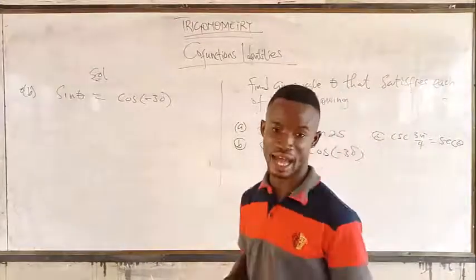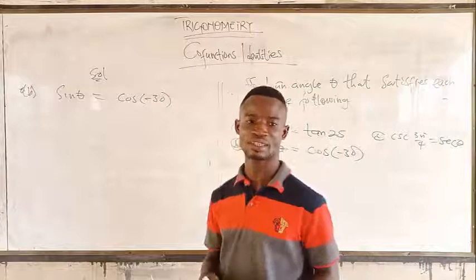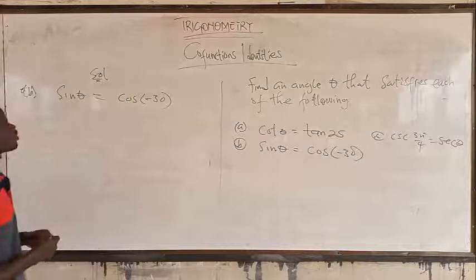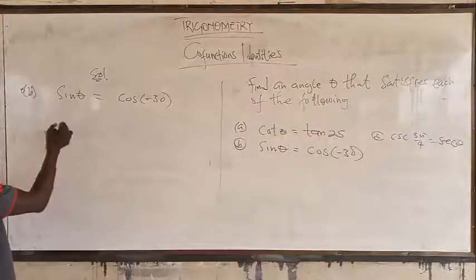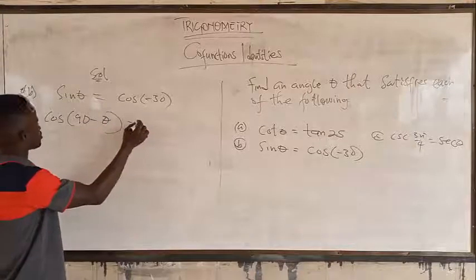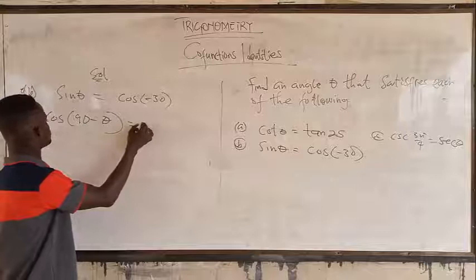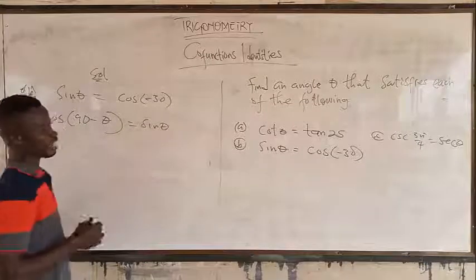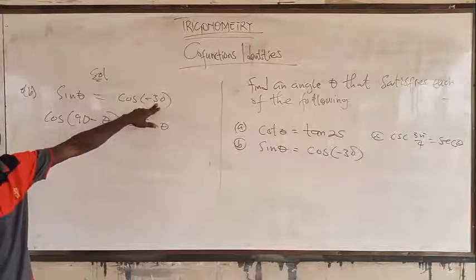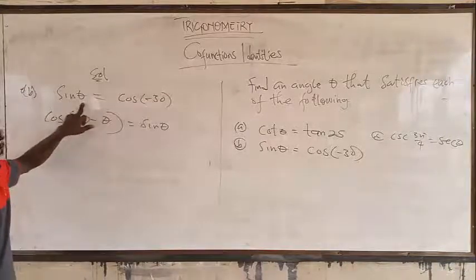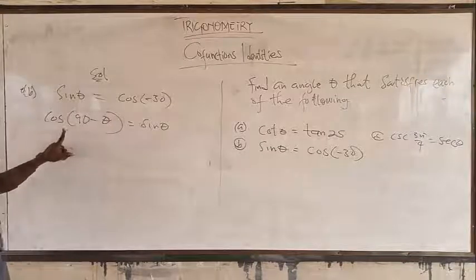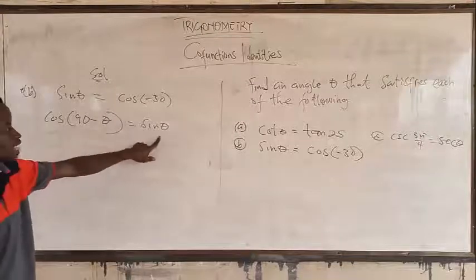And the first one says that cos of 90 minus theta is equal to sin theta. So you see, always focus on where the angle, the argument, is given, not this side. So we can say that cos of 90 minus theta is equal to sin theta.